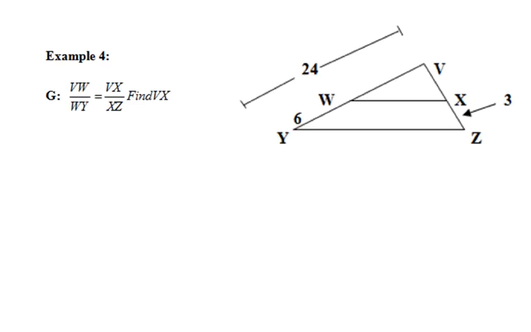Let's try another example. Okay, VW to WY equals VX to XZ. Okay, so let's look at VW, and that will be this right here. I know the length of that is 24 minus 6, because this whole thing is 24 and this is 6. So 24 minus 6 equals 18.